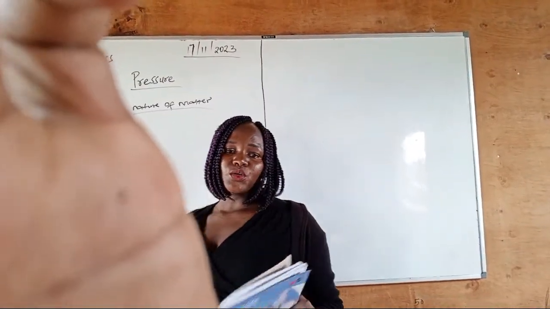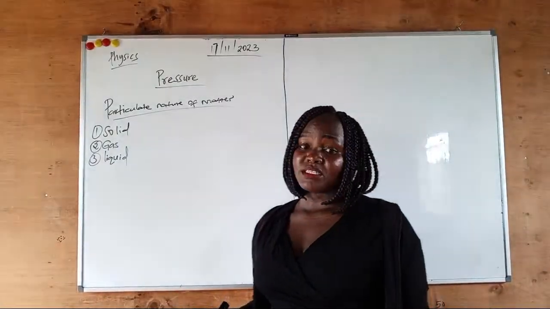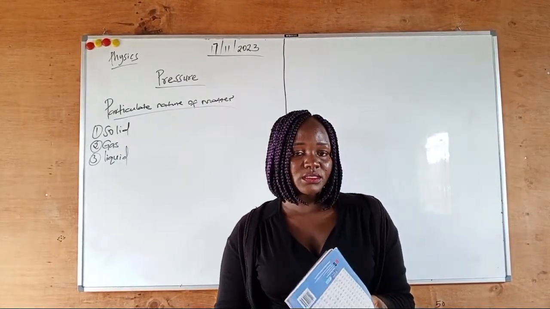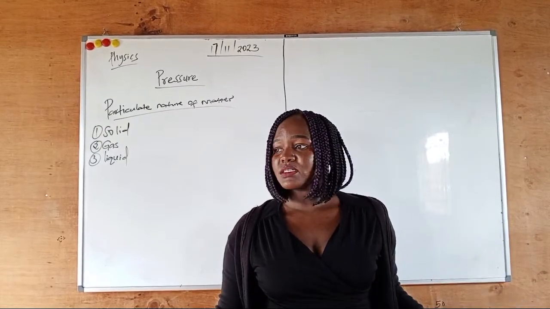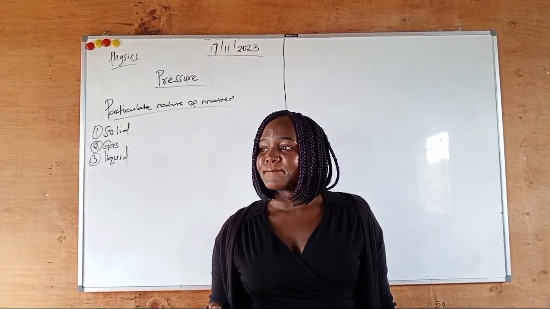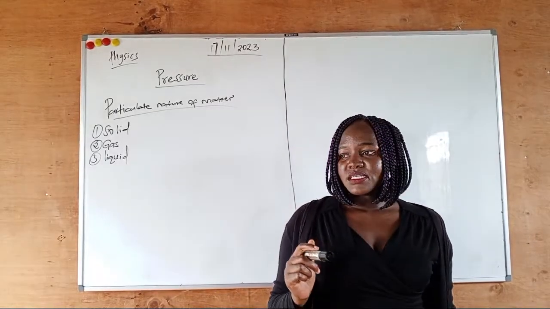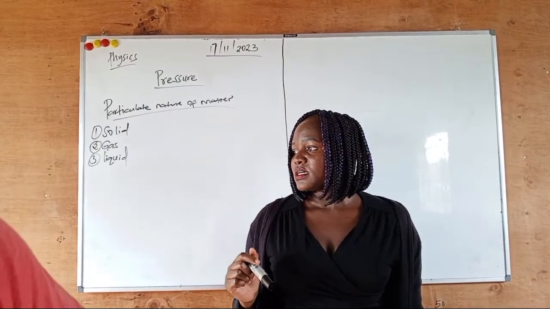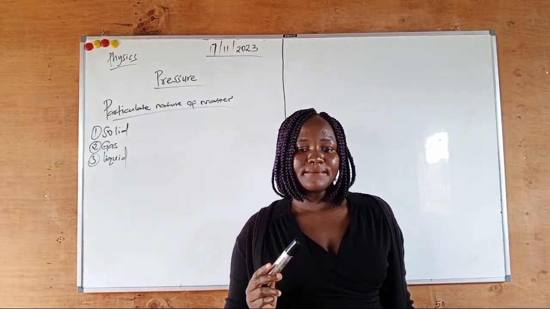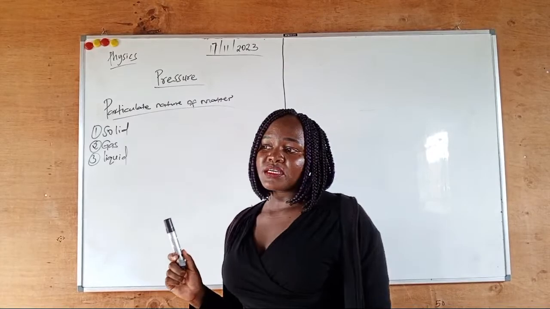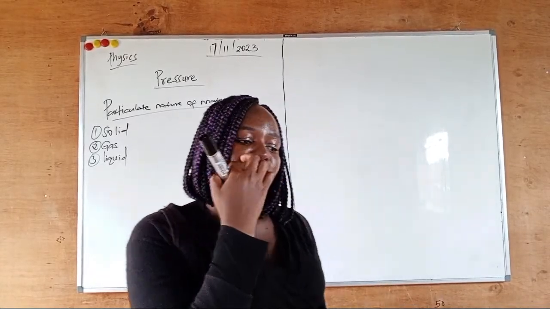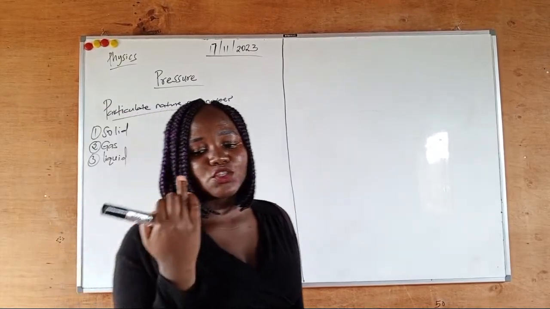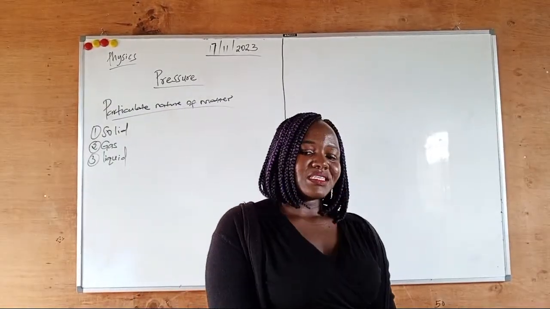So we are tackling the topic particulate nature of matter, whereby we said that matter is anything that has mass and occupies space. Matter also exists in three states, that is solid, liquid, and gas. Then this matter is made up of many particles known as atoms.